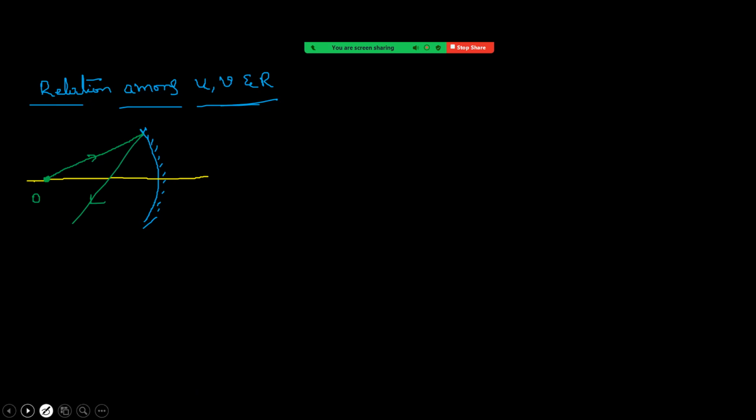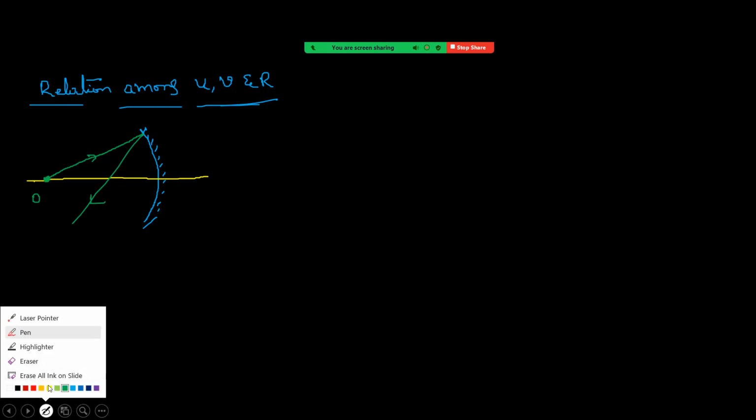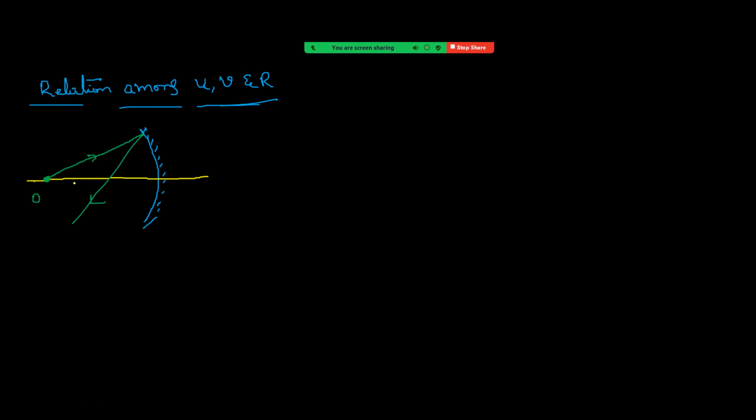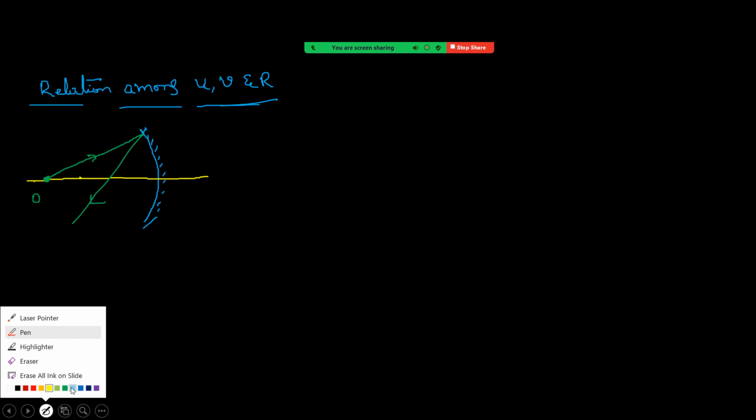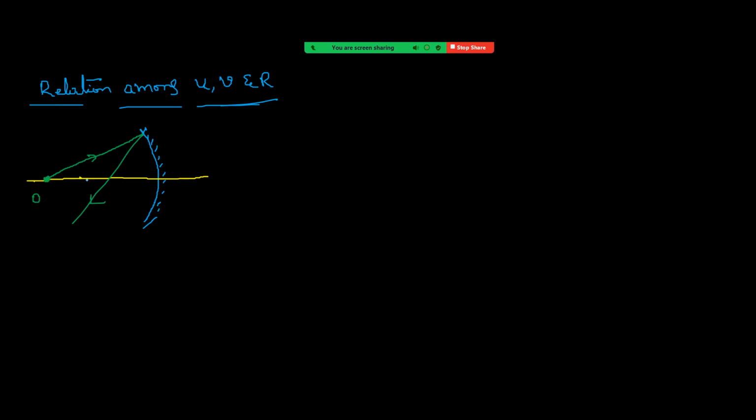Let us draw the normal at the point of incidence. The normal must be passing through the center of curvature, right? This is the center of curvature. So draw the normal at the point of incidence.